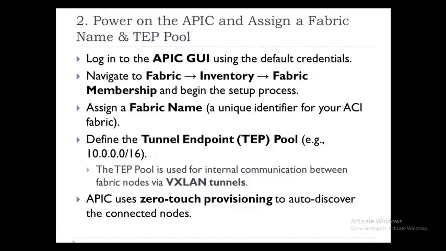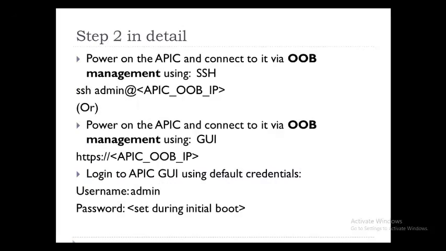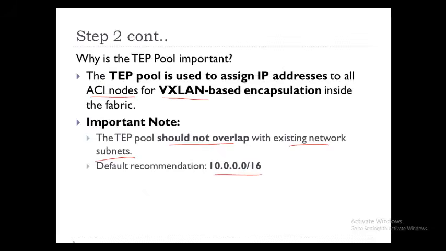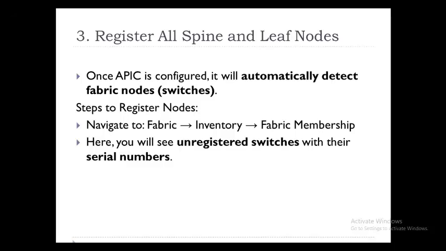The fabric has already got a name. Now the inventory should start, meaning discovery of leaf and spine. So once ACI is configured, it will automatically detect the first switch in the fabric, the very first switch will be discovered.